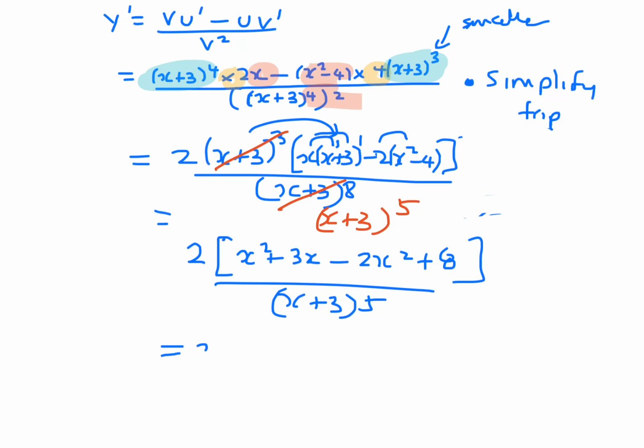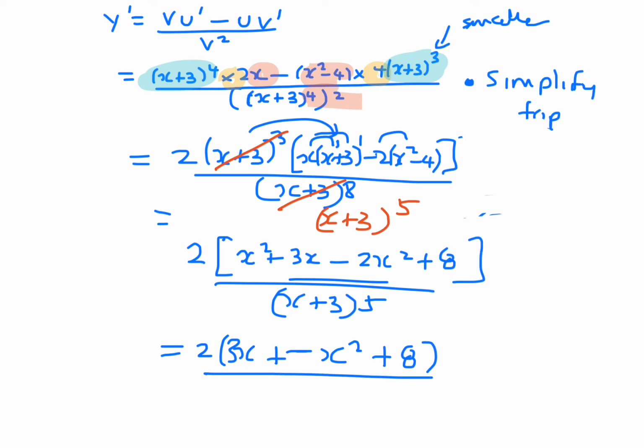So I'll keep that factorised, 2. So it's going to be 3x plus x squared minus 2x squared is minus x squared, and then it's plus 8. And that's all over (x plus 3) to the power of 5. And that's your answer.